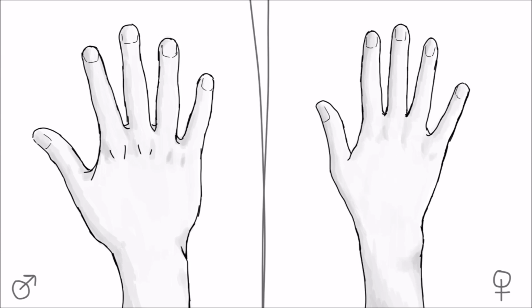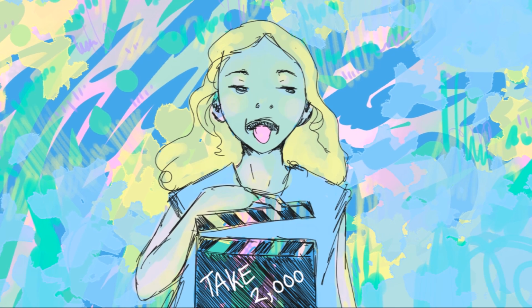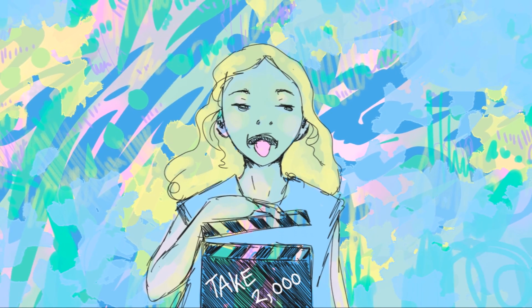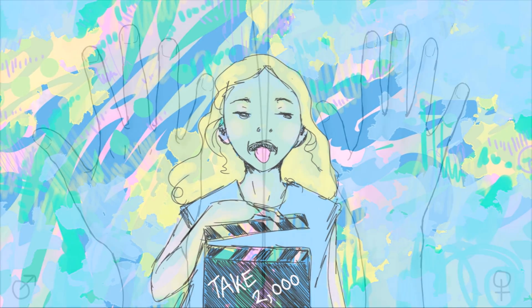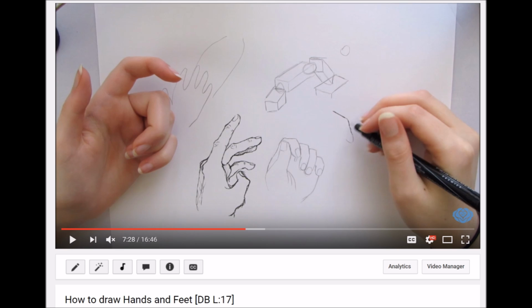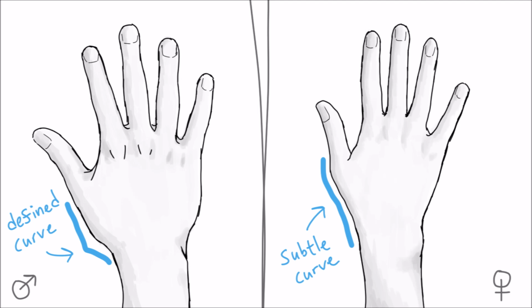Hands. Yep. Oh my gosh, this is like my 10th time recording my narration about hands, because they all are so bad. Okay, I've already talked about this some, just a tiny bit. I mentioned it in my how to draw hands and feet video, and it's about the shape of where the bone is for the thumb and how it's more pronounced in a male hand than a female hand.